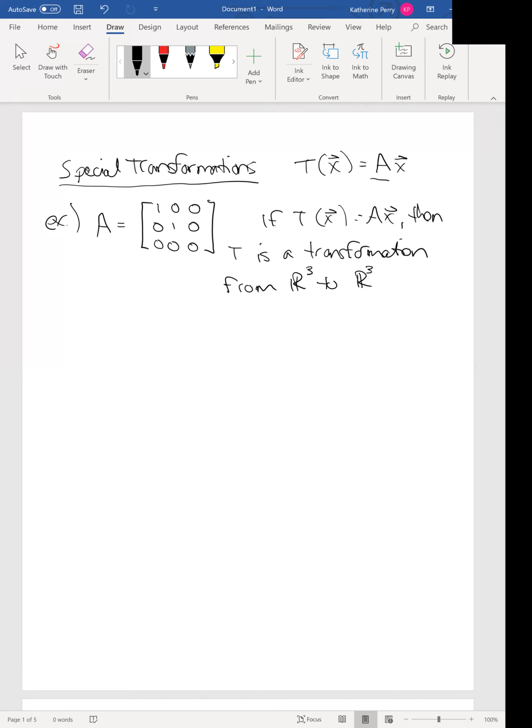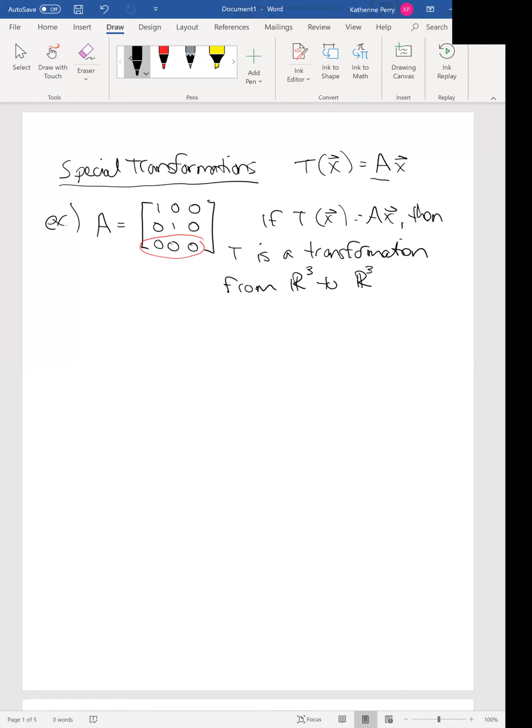So it takes a vector in 3 dimensions to another vector in 3 dimensions, but this matrix is special because of this row of all zeros down here.